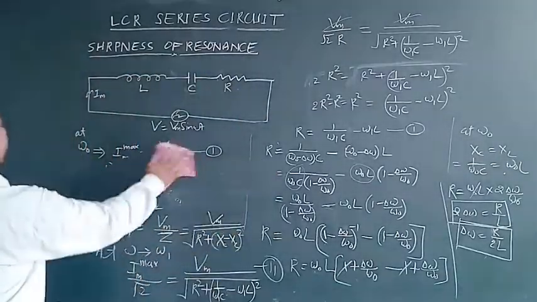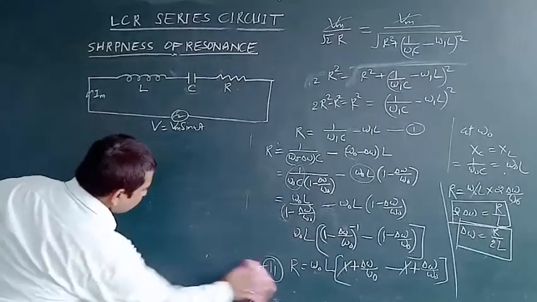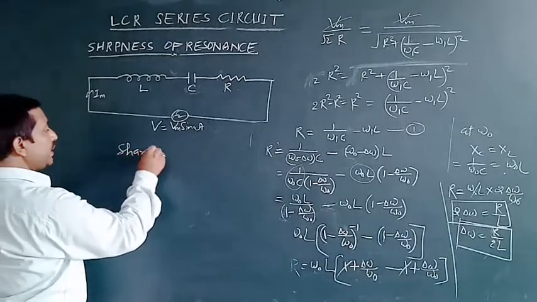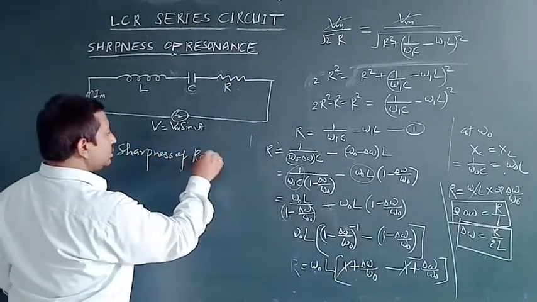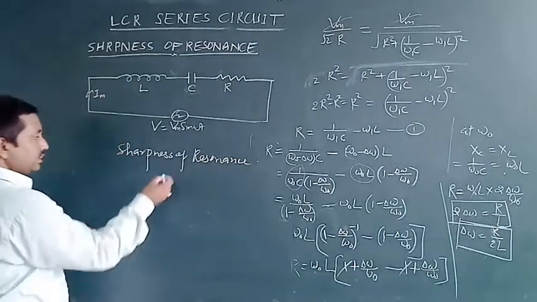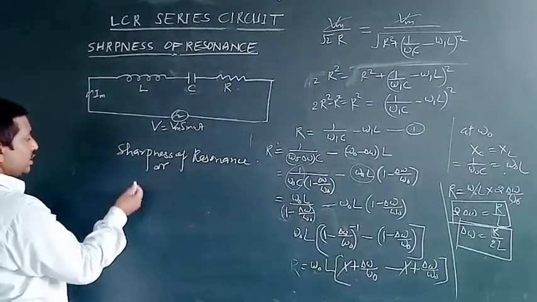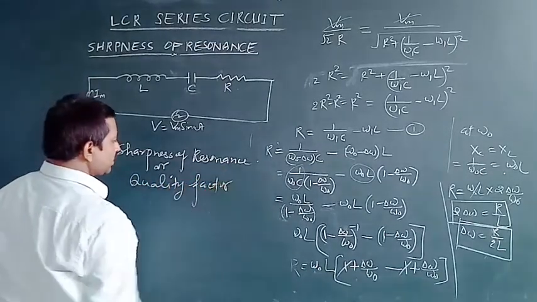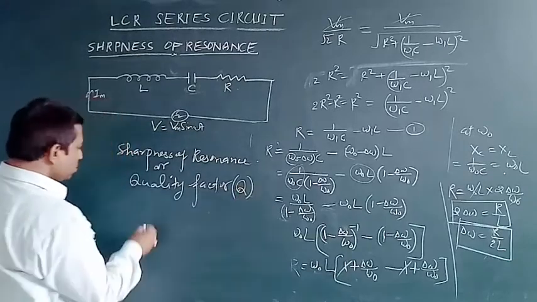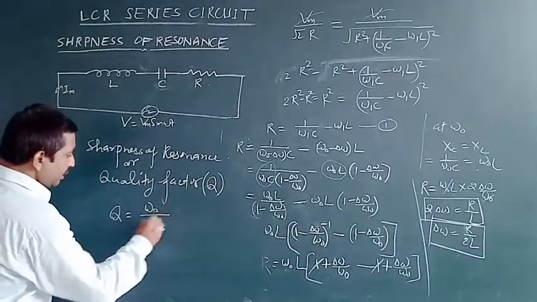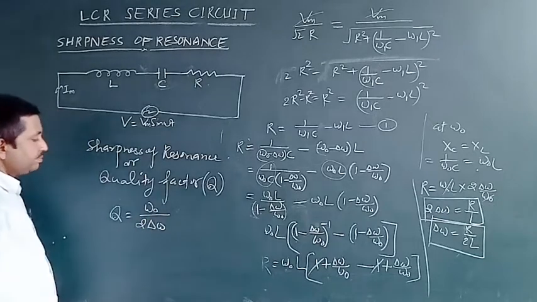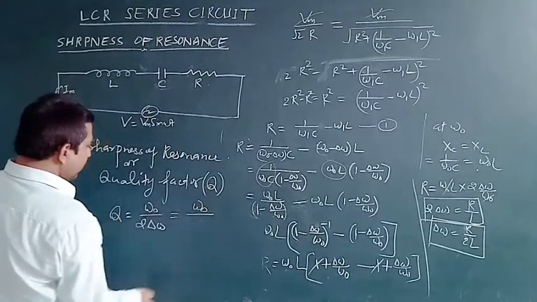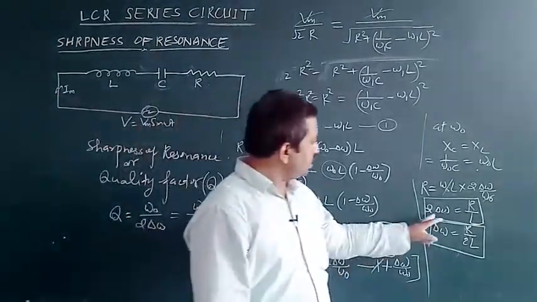As we know that by definition, the sharpness of resonance, which is also known as the quality factor and represented by Q, can be defined as omega naught divided by twice of delta omega. So this will be equal to omega naught divided by the value of 2 delta omega, which is R by L.